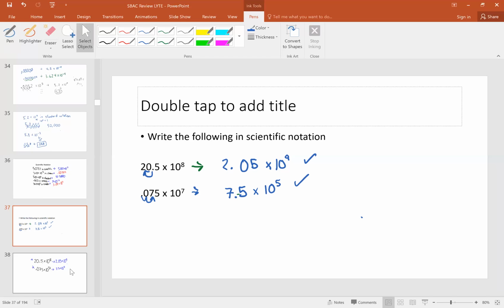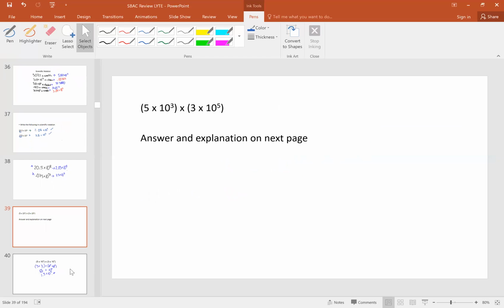The next type of problem is going to be multiplication in scientific notation. These are not too bad. Multiplication and division of scientific notation is actually easier than addition and subtraction. So we're likely going to just cover multiplication and division today.